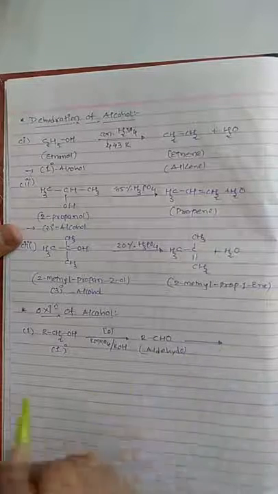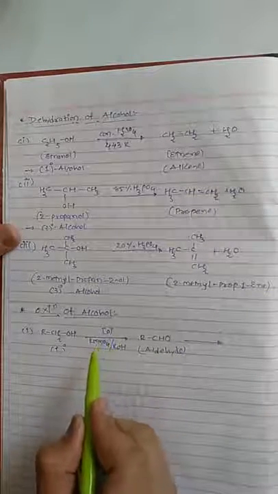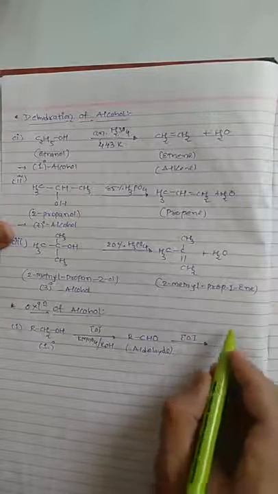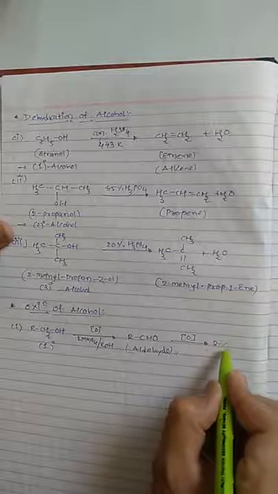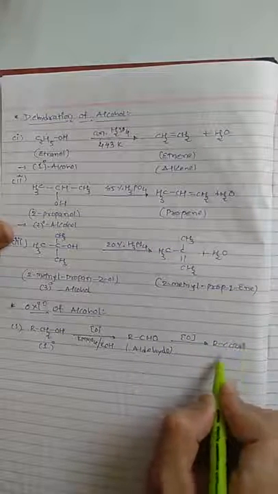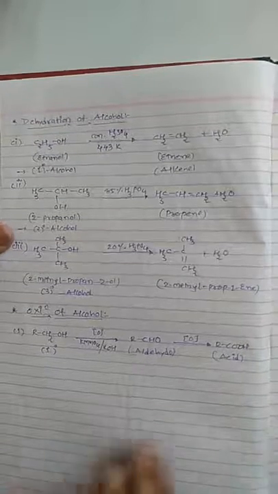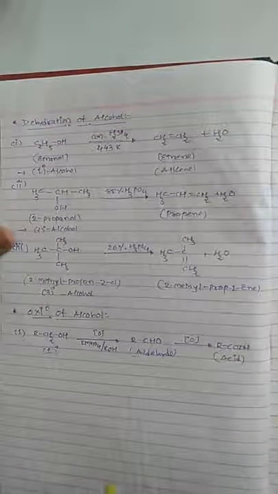But we know that this oxidizing reagent is very powerful, very strong, so further oxidation takes place and forms a carboxylic acid as the product. So this is all about oxidation of alcohol.